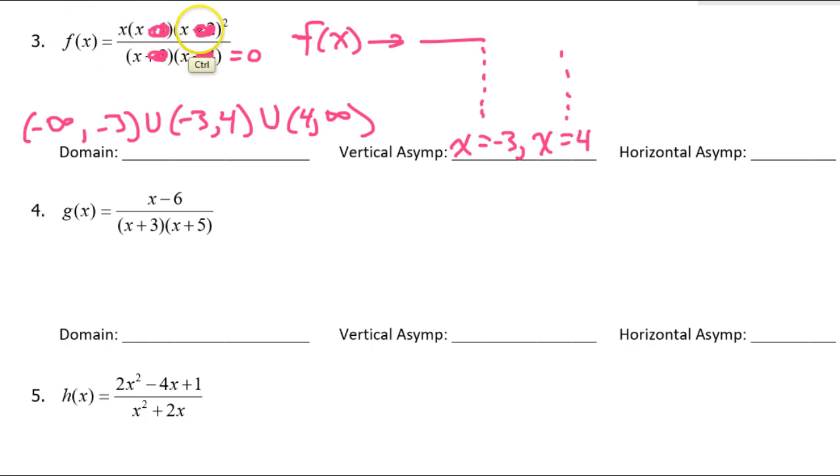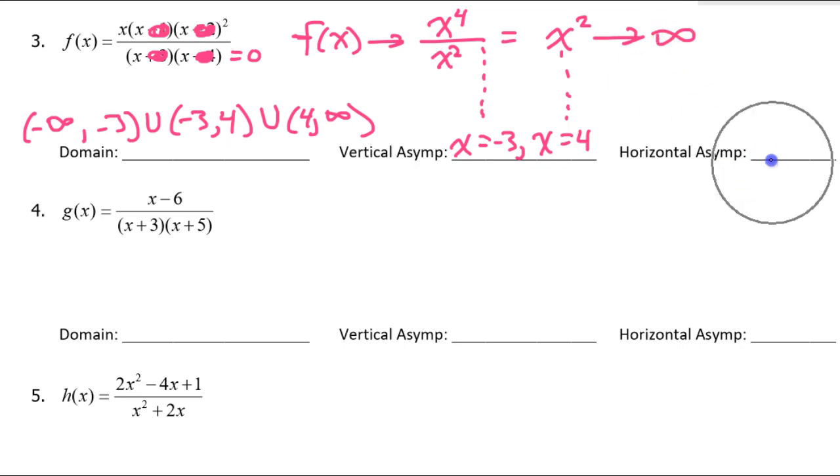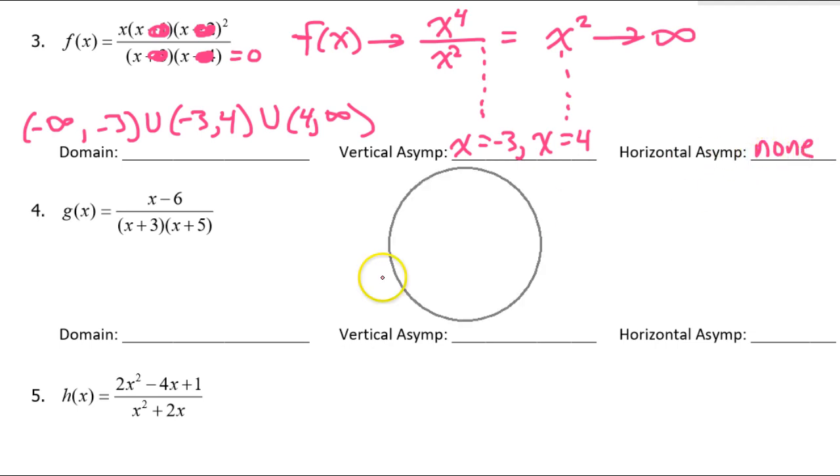So the numerator will approach x times x squared, that's x to the 4th power. And the denominator will become x squared. This will reduce down to x squared. Well, as x gets bigger and bigger, this is just going to approach infinity. So since this is not a constant, that means there are no horizontal asymptotes.